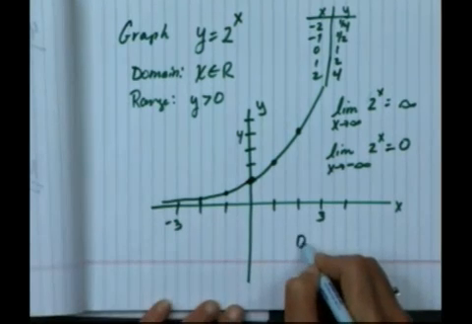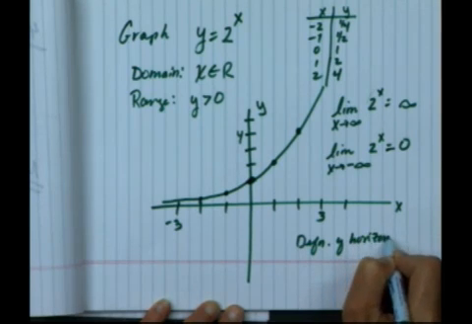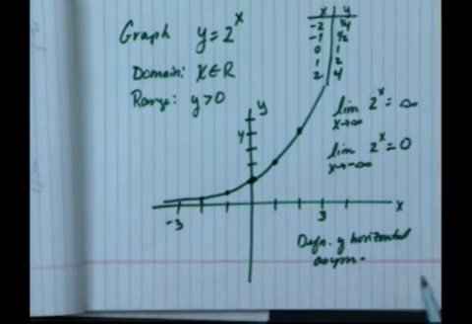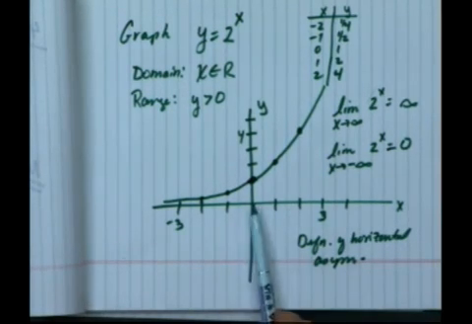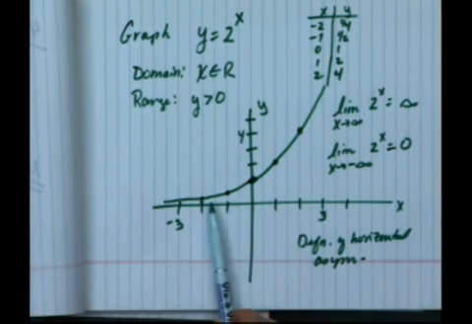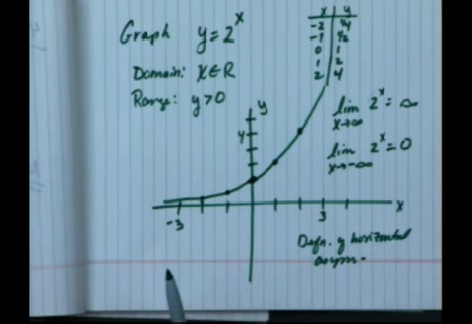Recalling the definition of horizontal asymptotes. As x gets really, really big, or if x gets really, really small, if the y value starts to approach a number, y equal to that number is the horizontal asymptote. So does this curve have a horizontal asymptote?